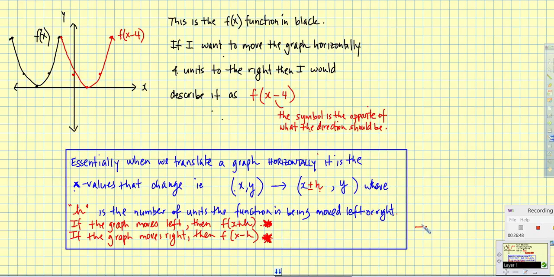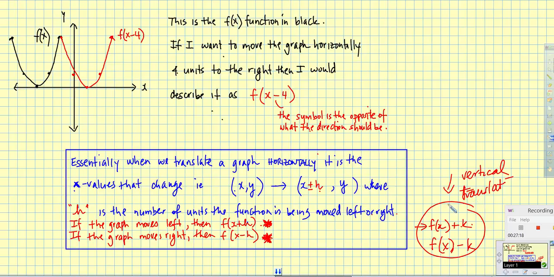It's not to be mixed up with f of x plus k or f of x minus k. This means that I'm looking at a vertical translation, because it's affecting the y values. It's like saying y plus k and y minus k.